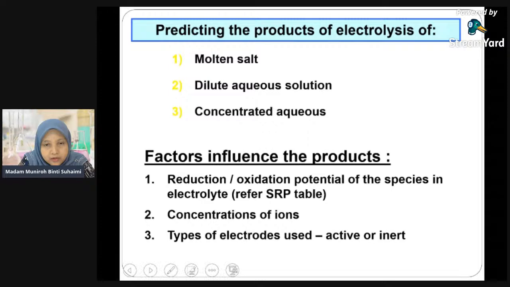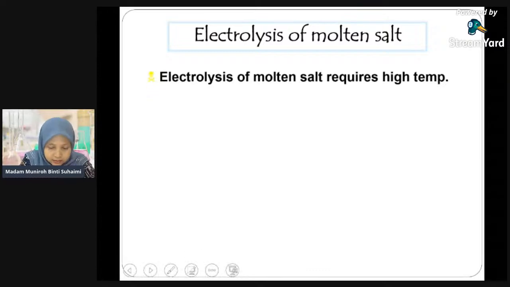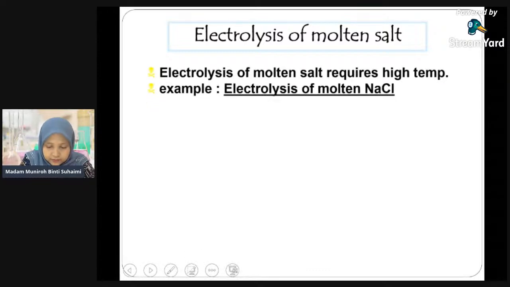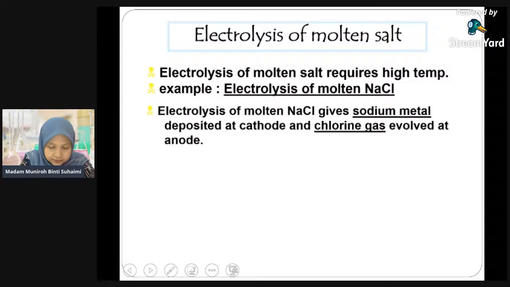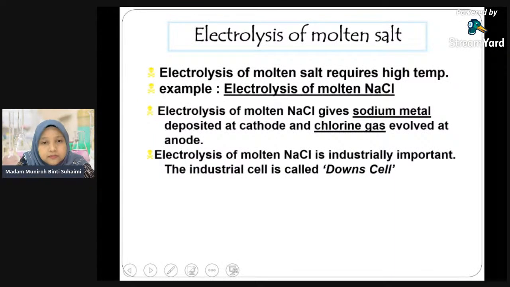Type of electrolysis. First, we go to the electrolysis of molten salt. Molten means no water. Electrolysis of molten salt requires high temperature.